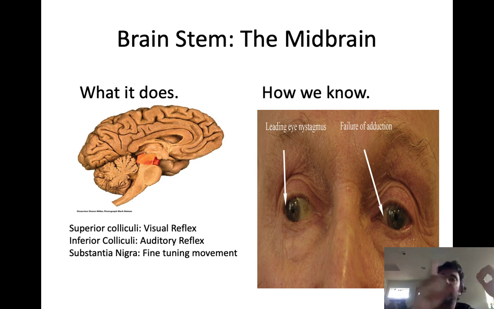So visual reflexes are really important, and one of the things that you can evaluate with somebody who's inebriated is their visual reflexes. If you've had a certain amount of alcohol, for example, that suppresses the activity of the superior colliculus and it makes it work a little bit slower. So if you ask somebody to track your finger with their eyes without moving their head, they should have smooth movement of their eyes when they're tracking your finger.